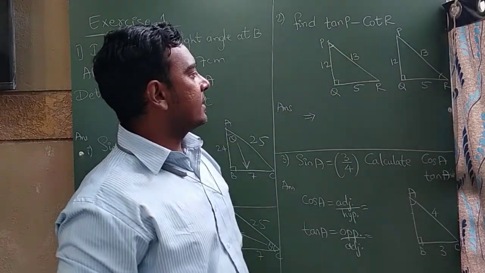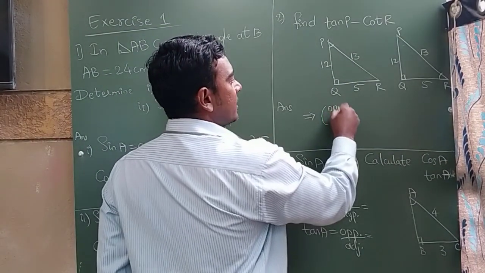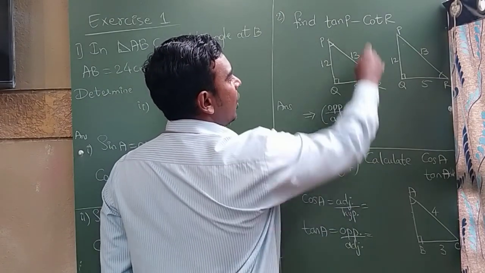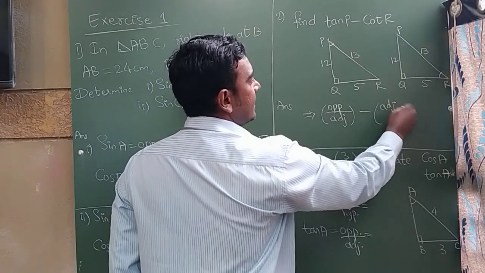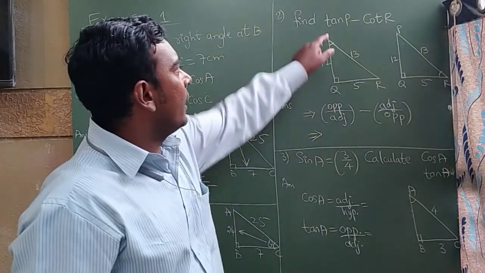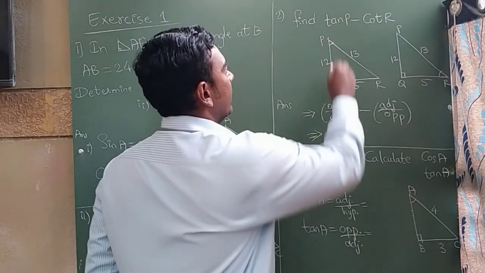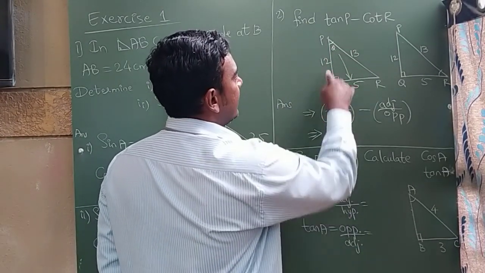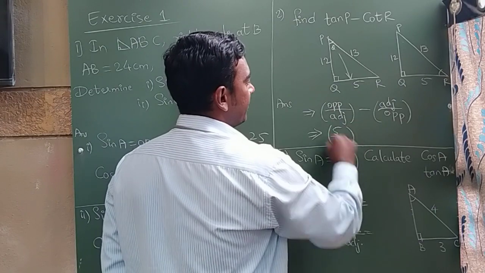Tan P. What is tan? It is opposite upon adjacent. Minus cot means what? It is adjacent upon opposite. Now since the angle is at P, this will become opposite side 5 and adjacent side will become 12.